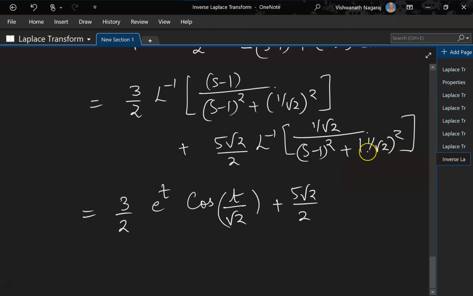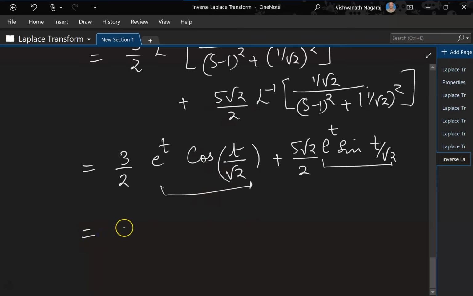So this would be 5 root 2 by 2 times sine t by root 2, sine at, a is 1 by root 2, and here we will get e to the power of t. So this is the function whose Laplace transform is this, and this is the function whose Laplace transform is this. Okay, now it's just a question of simplifying if required.